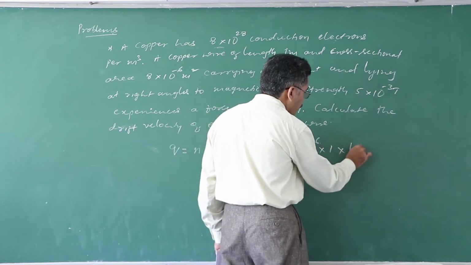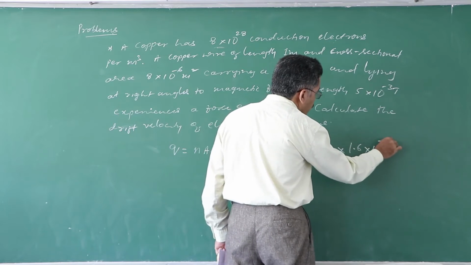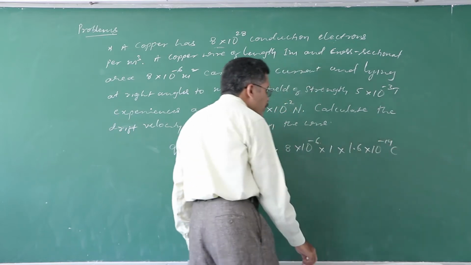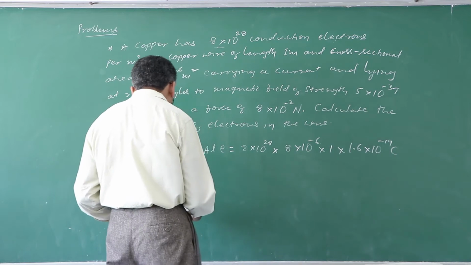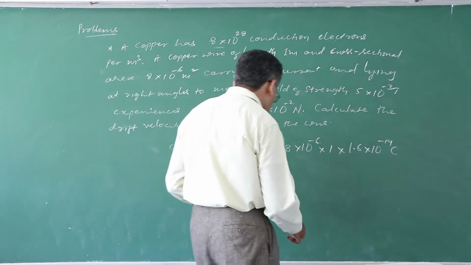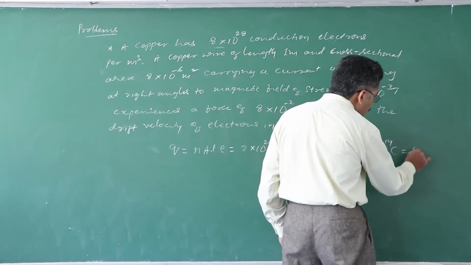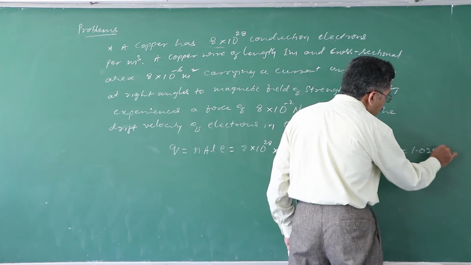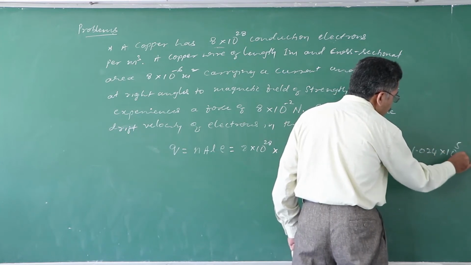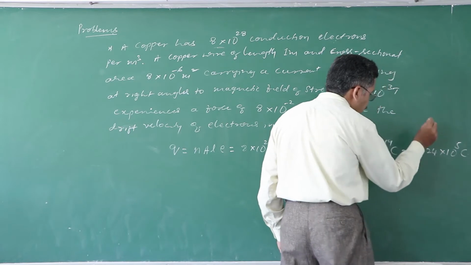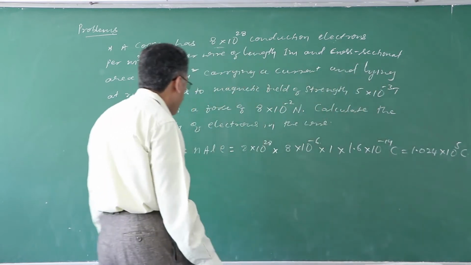And what is this? The charge on the electron, 1.6 into 10 raised to minus 19 coulomb. This comes out to be 1.024 into 10 raised to 5 coulomb. So you are going to get this much.